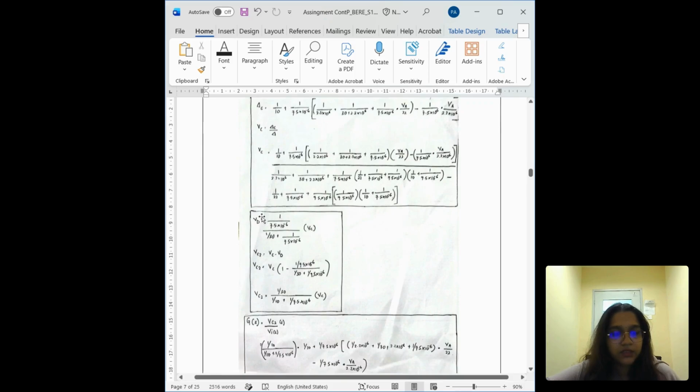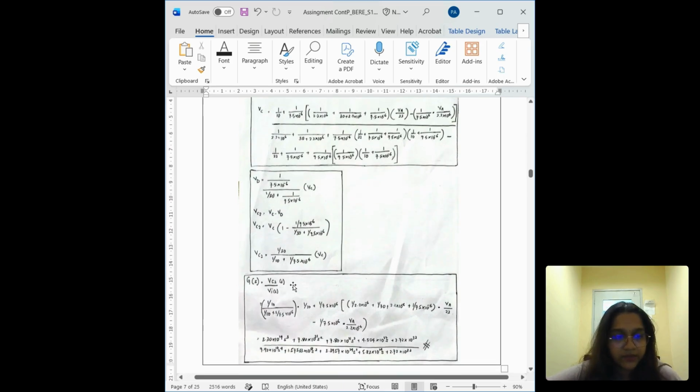And for VD, it is just a ratio times VC, and VC2 will be VC minus VD. And this is the substitution of it. The last answer is this: 1 over 30 divided by 1 over 10 plus 1 over 7.5 times 10 to the power of negative 6, multiplied by VC.